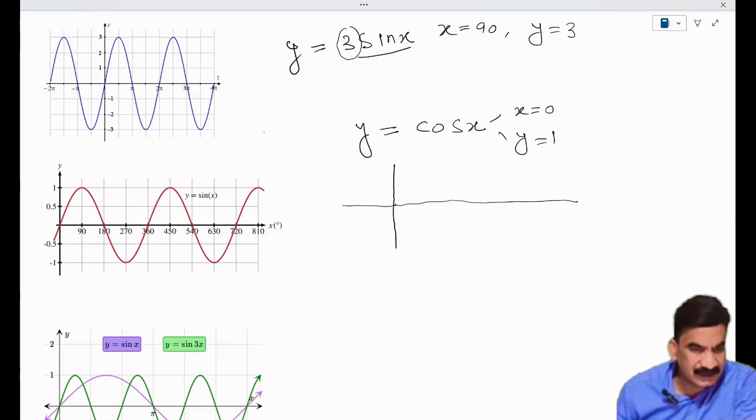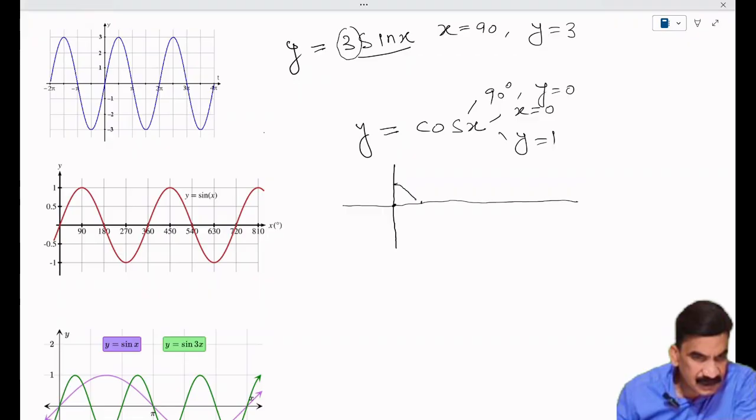So 0 means 1, so the graph will start from here. And if I take x is equal to 90, y will be equal to 0. So the graph will be crossing this. So the graph will go down like this.